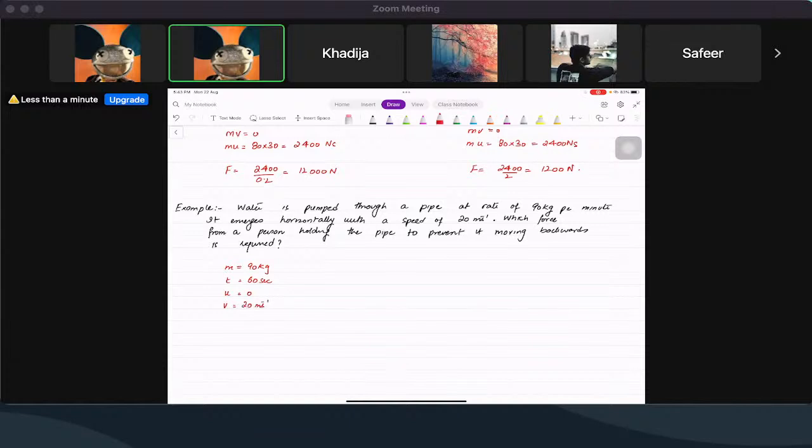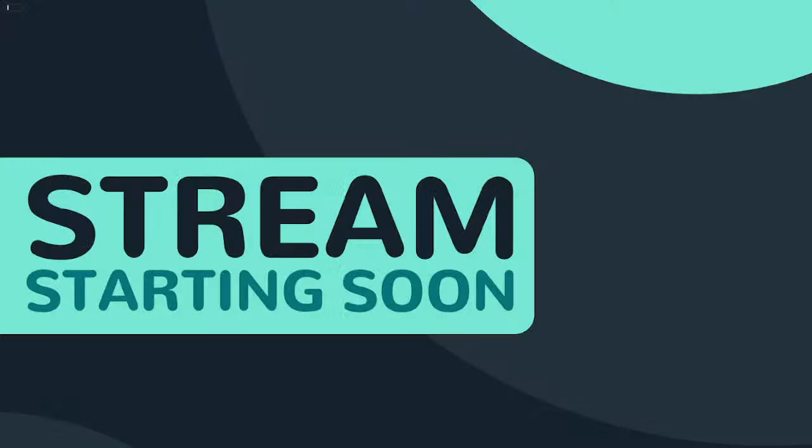Now it says what is the force required. So it's pretty simple now. Force is the change in momentum over time. The mass is 90, the final velocity was 20, the initial velocity was 0, and the time was 60 seconds. So when you solve this, it comes out as 30 Newtons, the force required to keep it from moving backwards. Is it clear, everybody?